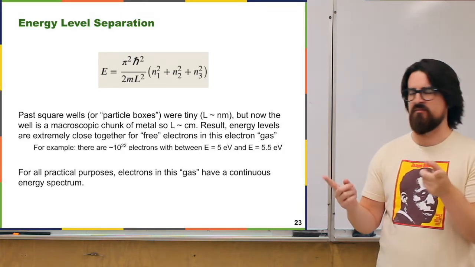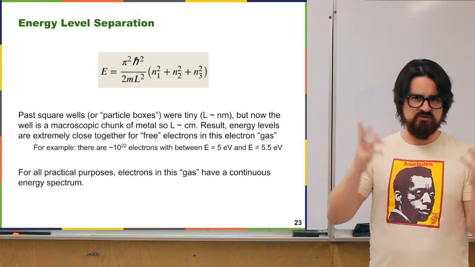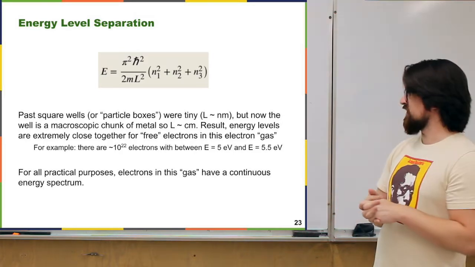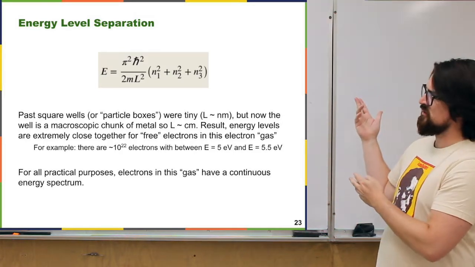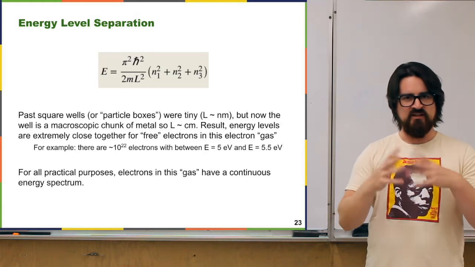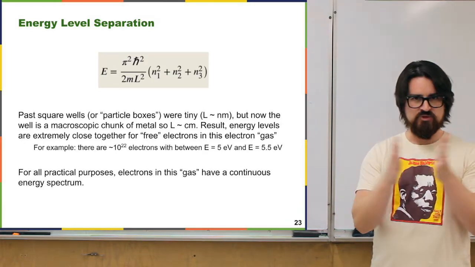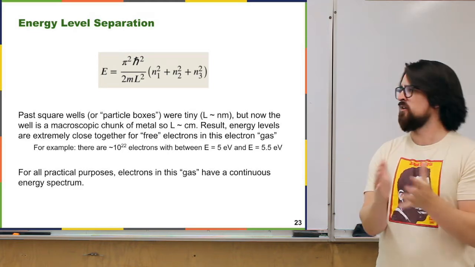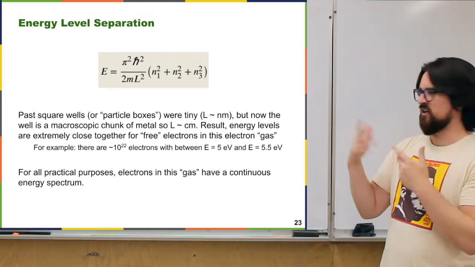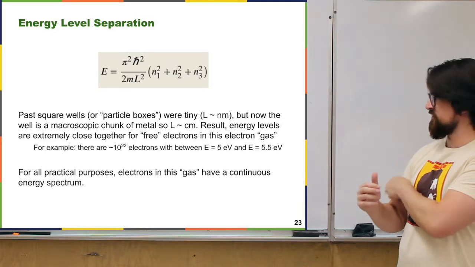All the ones we were talking about were nanometers or smaller, maybe a little bit bigger, but very, very small. Now we're talking about the energy of free electrons in a macroscopic piece of metal. We're treating that whole piece of metal as the square well. So the width or the length of that is on the order of centimeters.